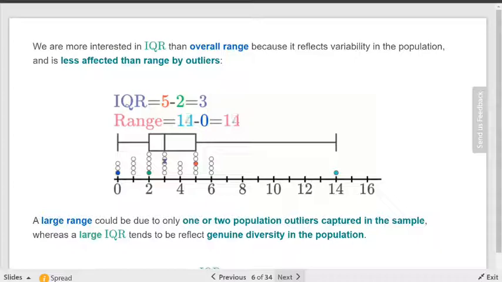Look what happens to the range of a set of data if you have an outlier. Remember, an outlier just means one point of data that's way off from the others. As the outlier gets further away, the range gets bigger. Yeah? So that one point is having a huge effect on the range.